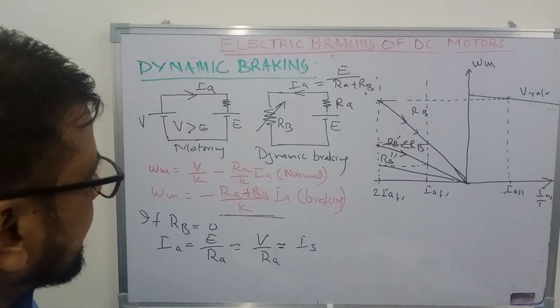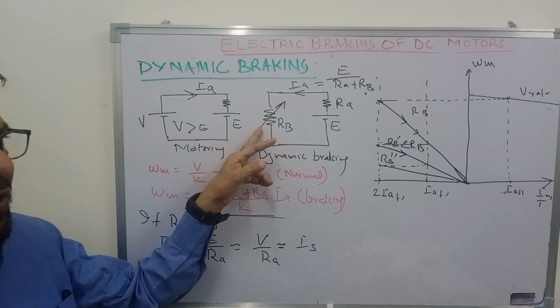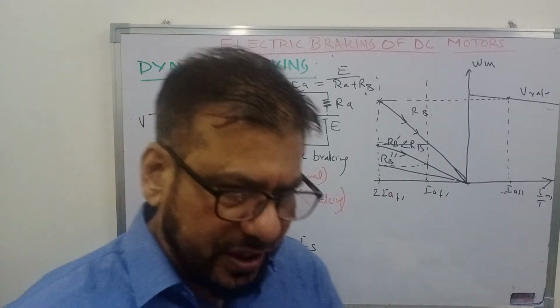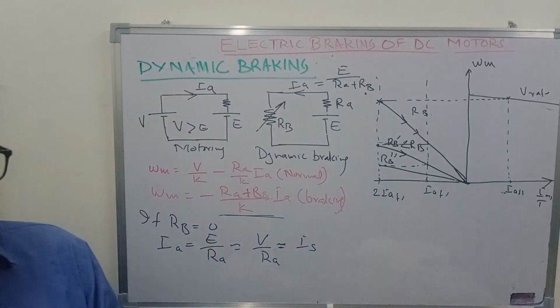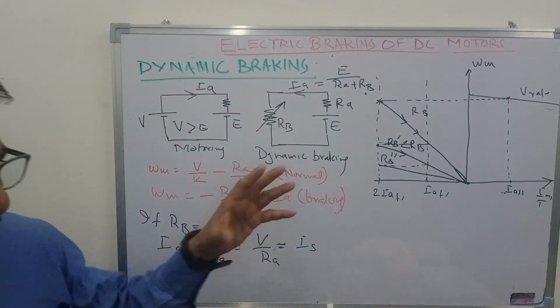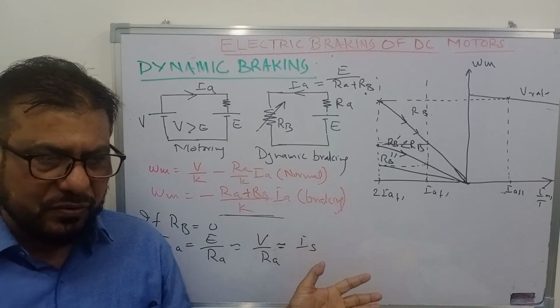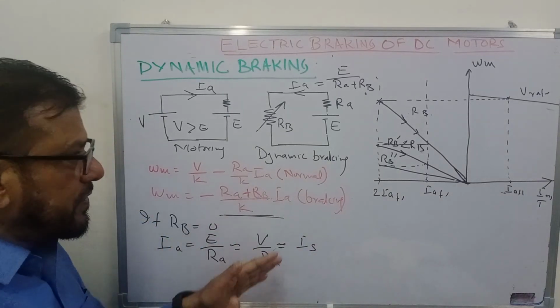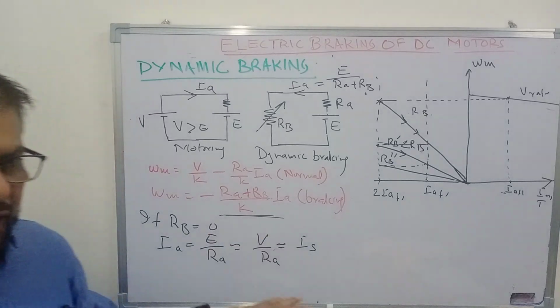You can see that you have to reduce the resistance gradually. For that you can use the starter that was used during starting. The same starter can be used during braking also, because the current that the motor draws is the same as the starting current.